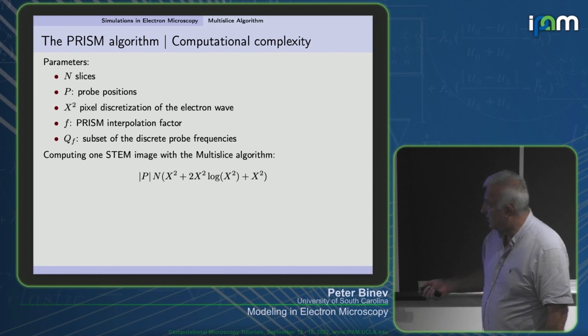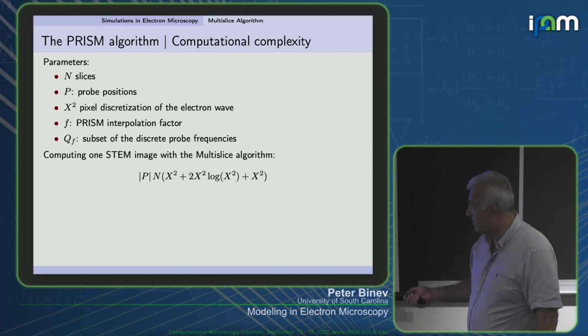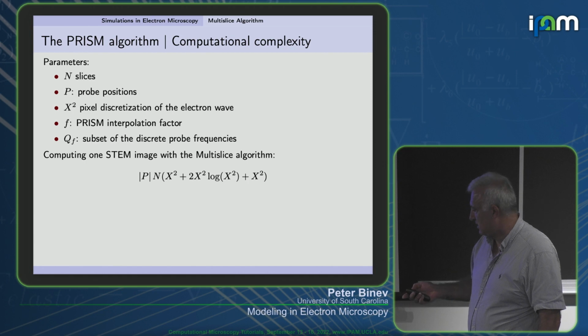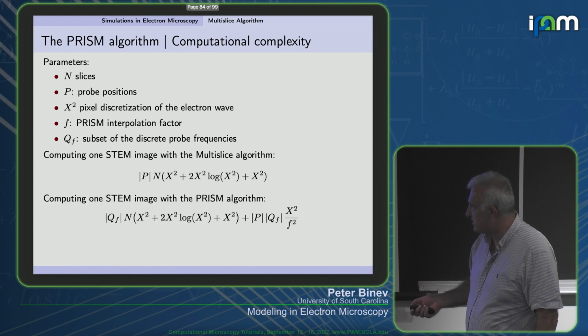Computing one STEM image then requires the number of probe positions times the number of slices times x squared, plus a little bit more with the log x, but that is essentially it.